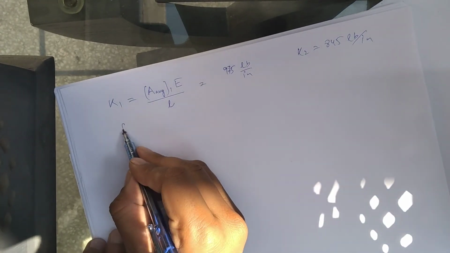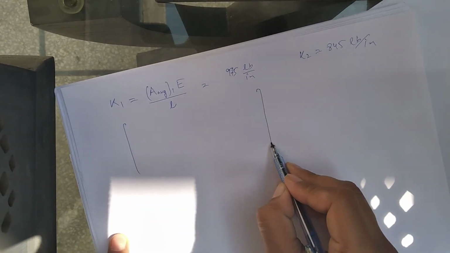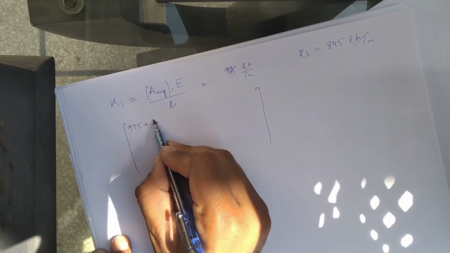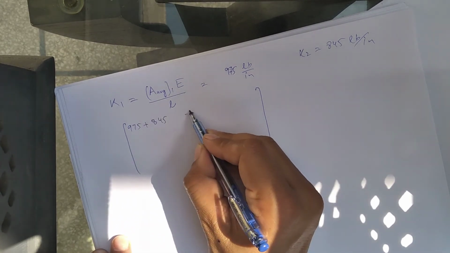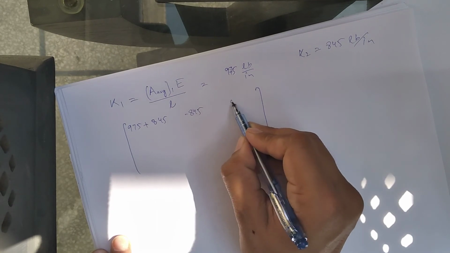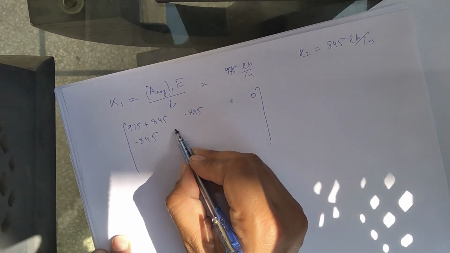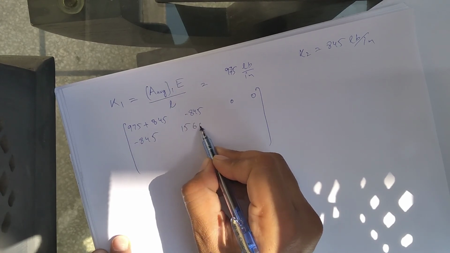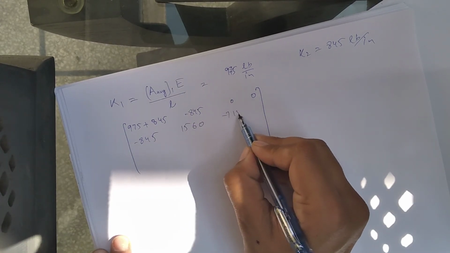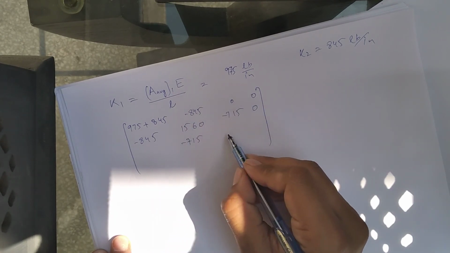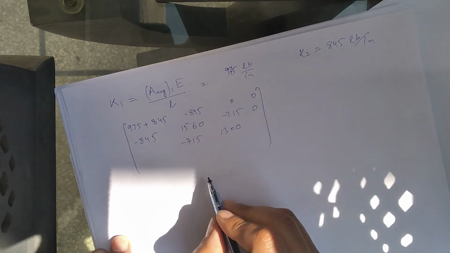We will put these values in the matrix we found in the last step. Plus 845, minus 845, 0 and 0. And we have minus 845, 1560, we added them. Minus 715, 0, minus 715. We have 1300.